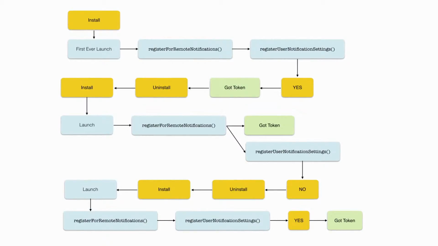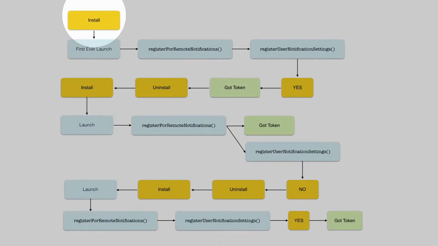So this is a flow that I put together from some testing. There's a lot going on here, so we'll focus on the first few steps at least. So we install our app, we launch it for the first time. We call register for remote notifications, and we call register user notification settings. So the user at this point has a pop-up on their device, and they say, yes, I'll allow notifications. And we get the callback, we get that token. We then uninstall the application, reinstall it, launch it, call register for remote notifications.